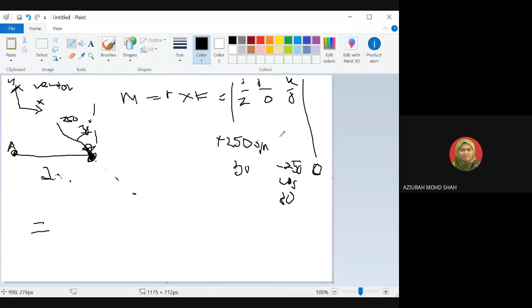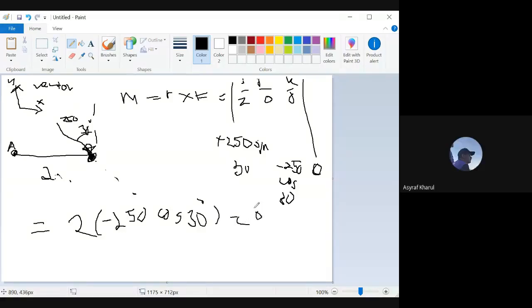To save time, I calculate directly for K. K is I cross J. So 2 times negative 250 cos 30. Then this is 0 times 0, so 0. Not going to write it out so long.